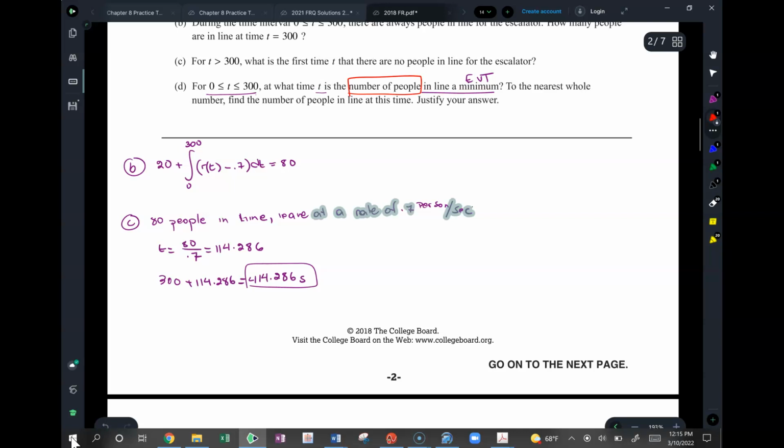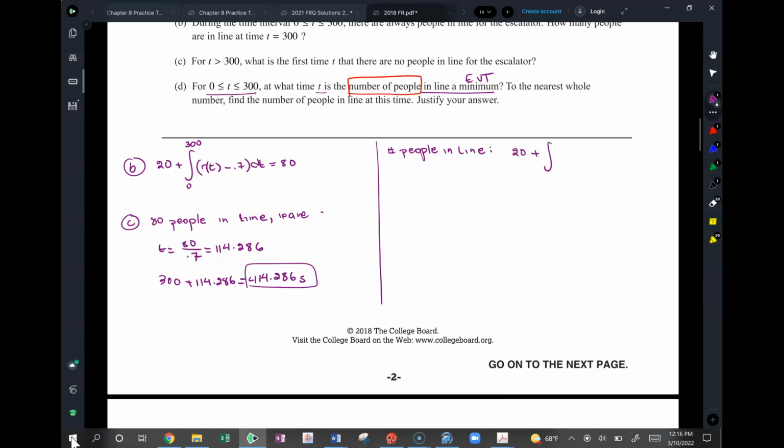So I'm just going to erase some of this because I need some space here. The number of people in line is 20 plus the integral from 0 to t of r of x dx, minus 0.7 t.